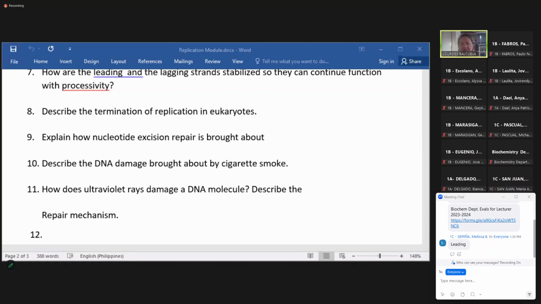For this, po, magkakaroon ng removal of approximately 30 nucleotide oligomers and then it will be replaced with the proper nucleotides. Okay, just read on this, no? Andiyan naman siya. Nakatabulate siya.